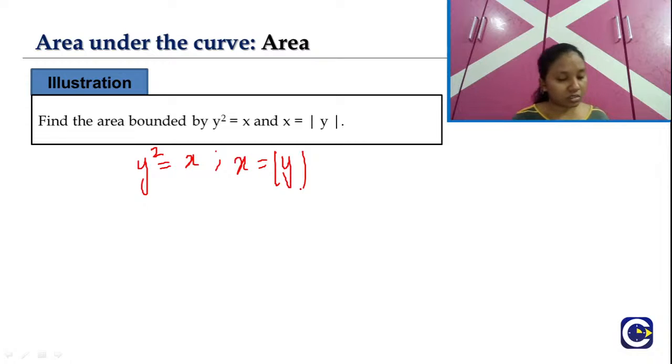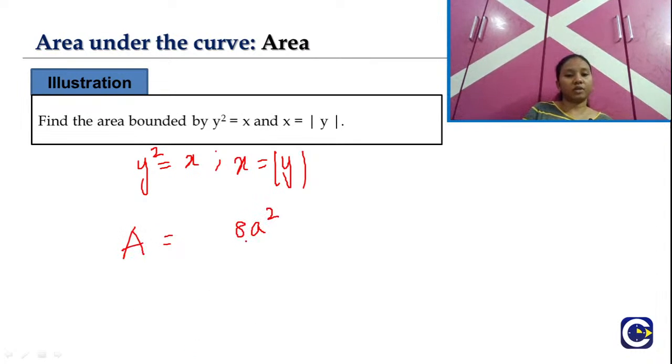So quickly, guys, answer. The formula will be the same thing: area equal to 8a square by 3m cube.